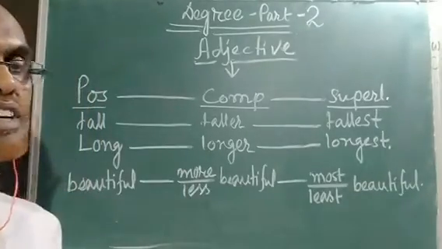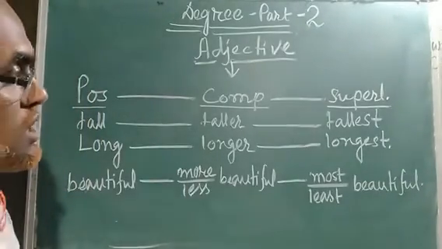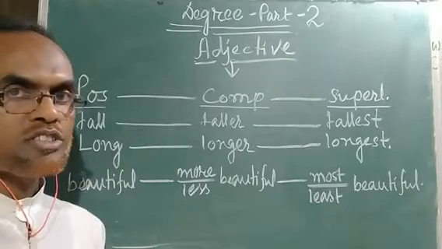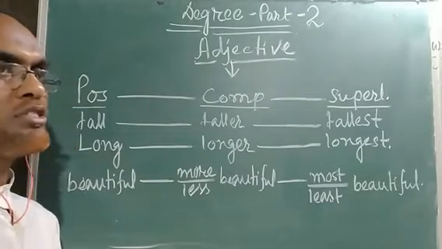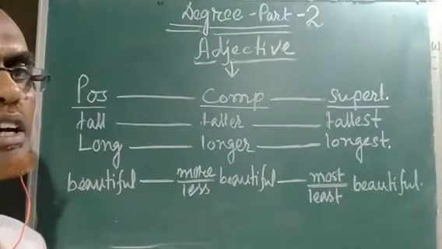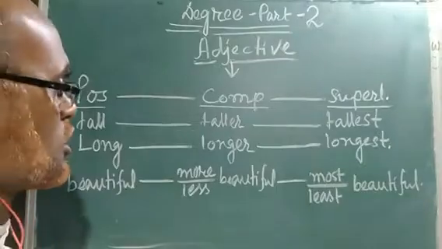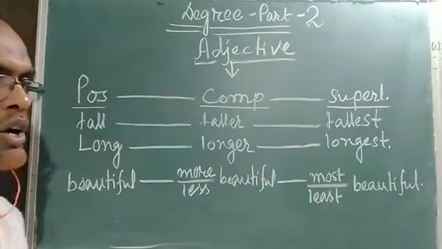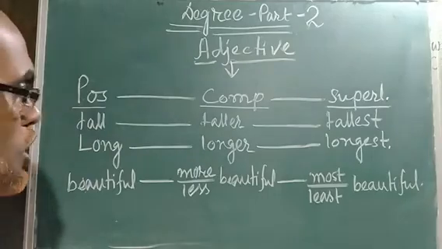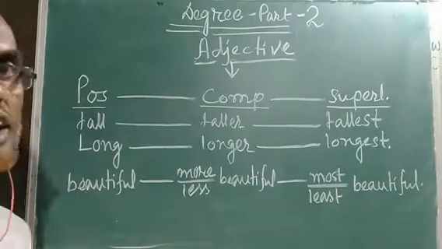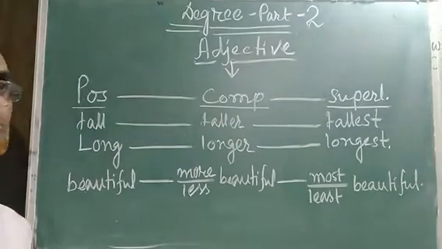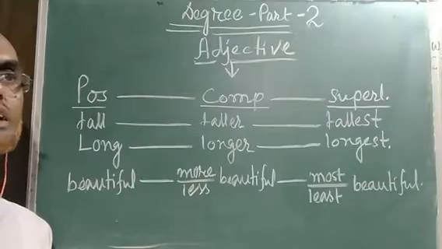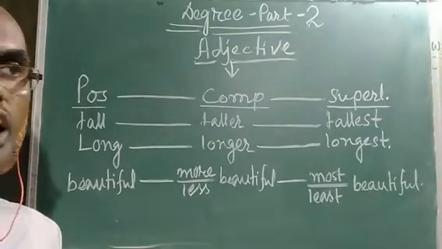But to interchange degree, we need a little bit of knowledge about positive, comparative and superlative. We have to identify which one is positive degree, which one is comparative, and which one is superlative degree.